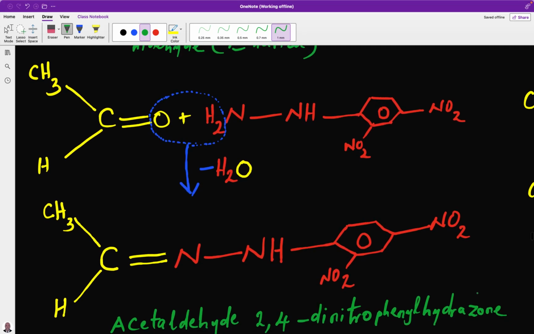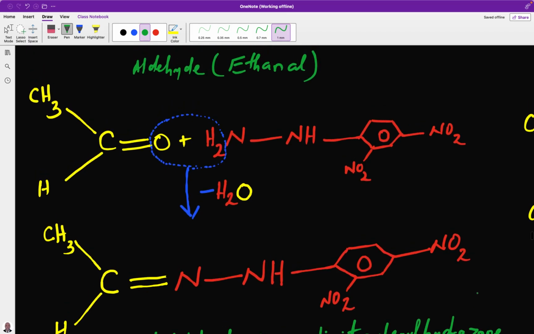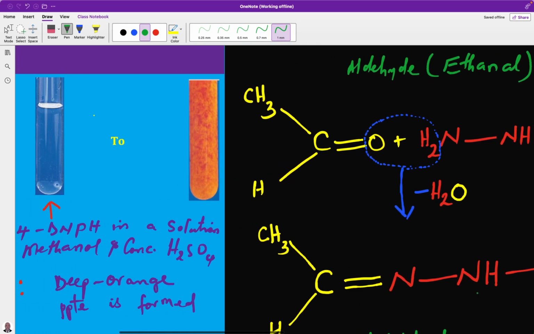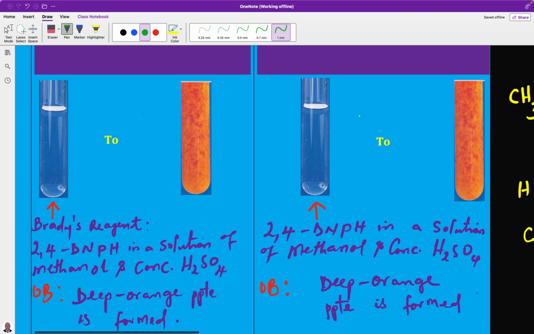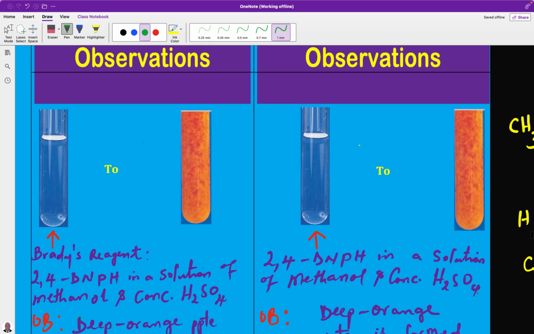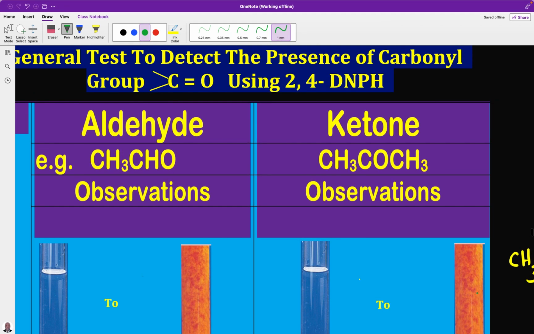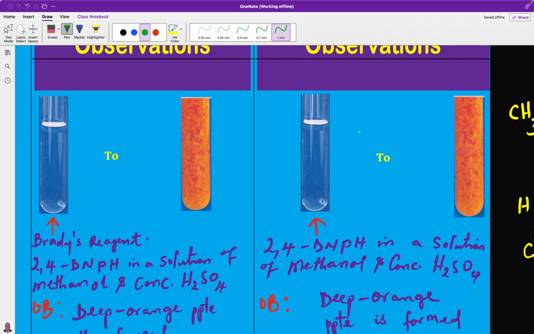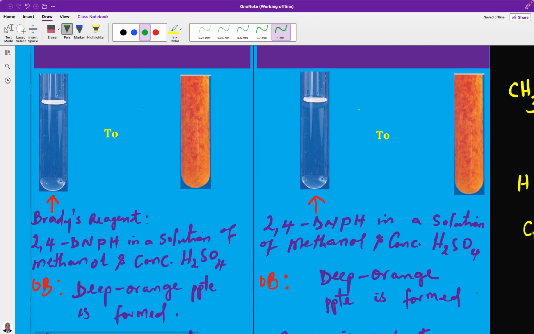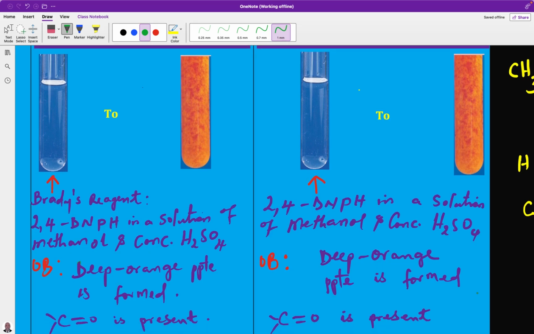That will be the same product that will be formed, giving us a deep orange precipitate in the test tube, as you have observed here. So that is the observation when you are using Brady's reagent to test the presence of a carbonyl group in aldehyde and ketone.